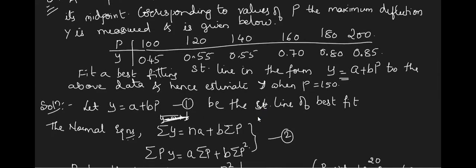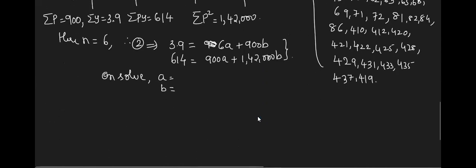Ma'am, a is 0.0285. 0.0285, and b is? Ma'am, b I'm getting in 10 raised to minus 3 something. Tell me that value. Some students write 142 into 10 raised to minus 2, no, 4.142 into 10 raised to minus 3.